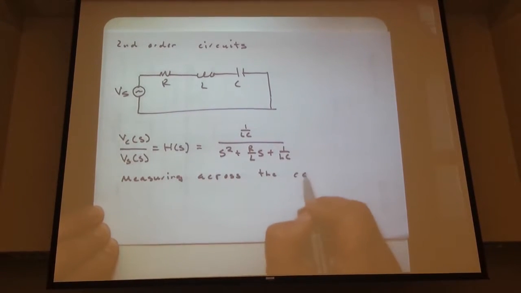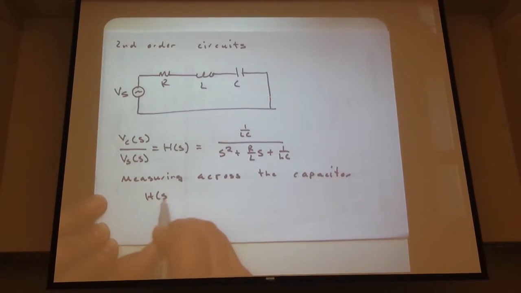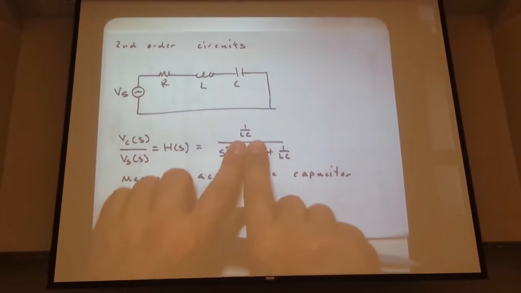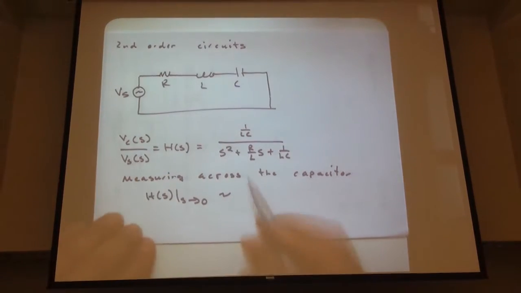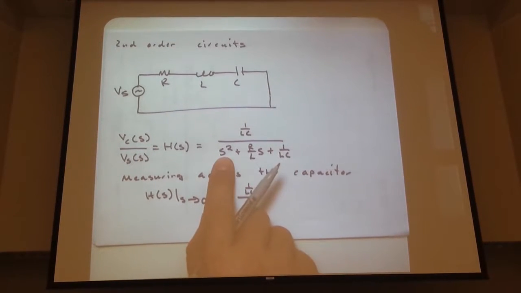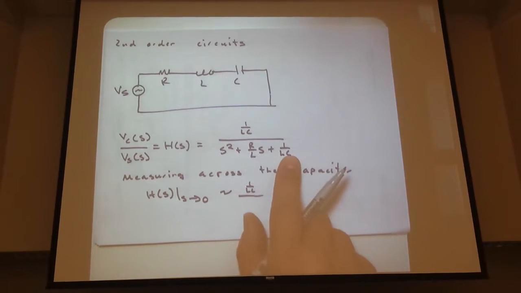We can look at our limits, and we've done this. H of S, as S goes to 0, H of S becomes what? I'll keep the dominant terms. What's the dominant term in the numerator? There is only one term in the numerator. It's 1 over LC. We keep that. And the dominant term in the denominator, well, the other terms are going to 0, but a little bit slower, and that's not changing at all.